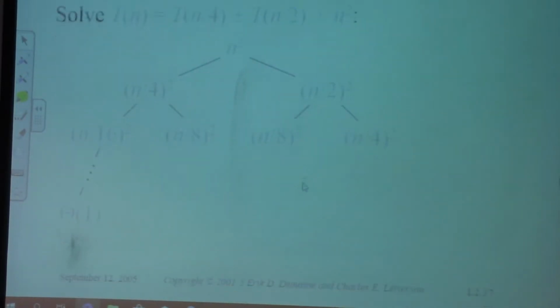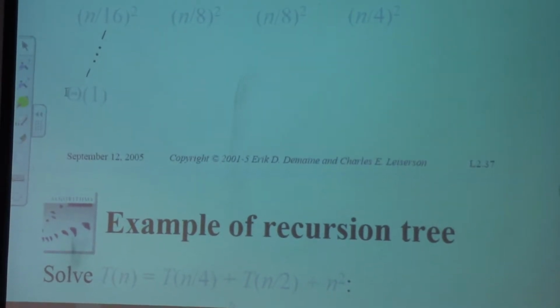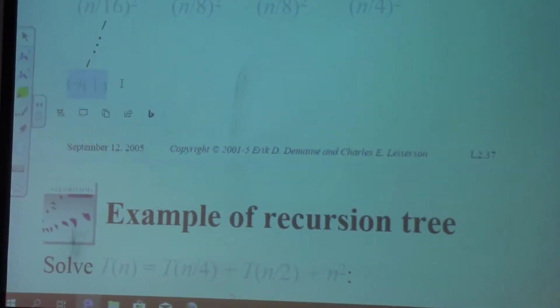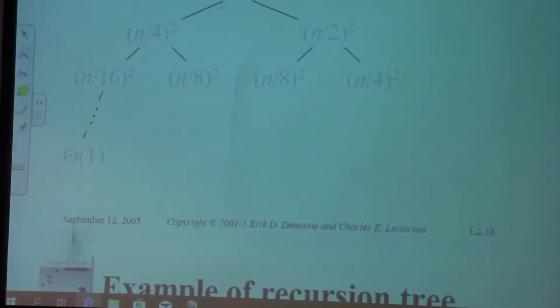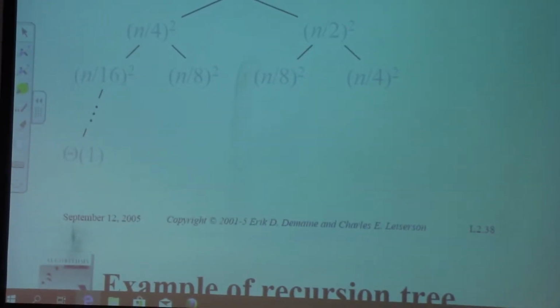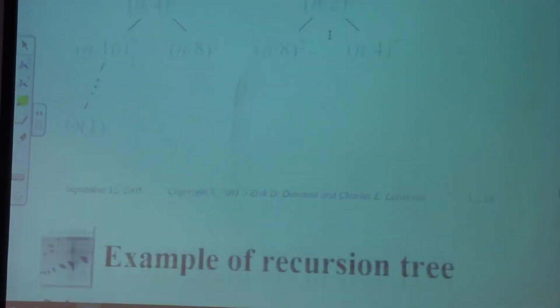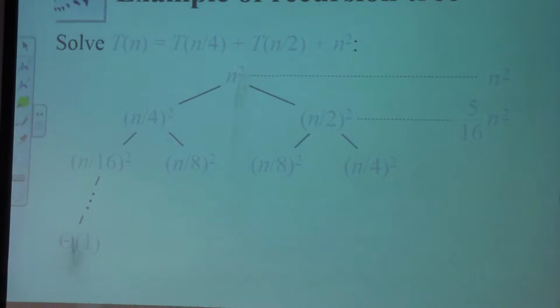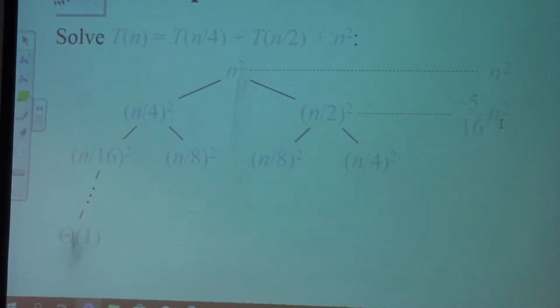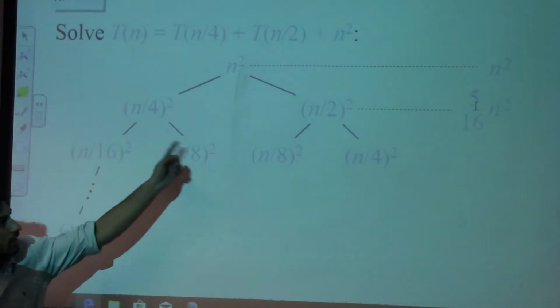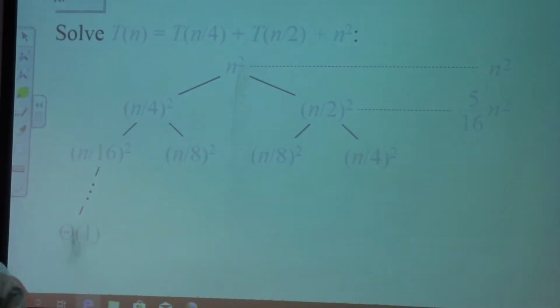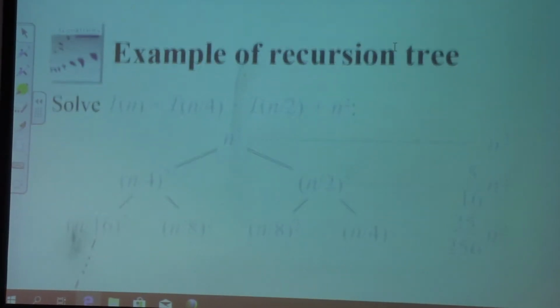So this will go down to theta of 1, meaning the work done should be 1. If we add this, the first level makes the whole n square, and at the second level we add 5 upon 16 n square. So we keep adding the levels.